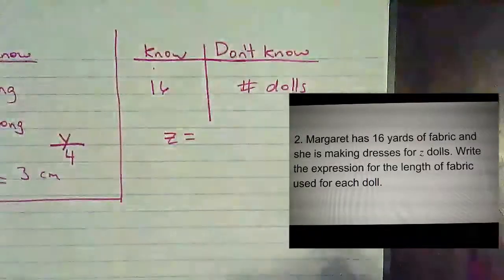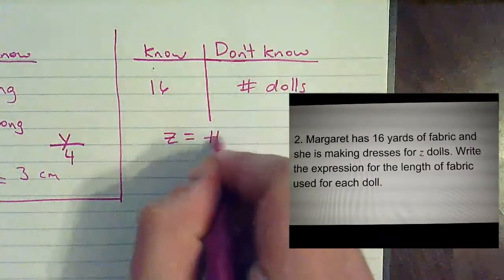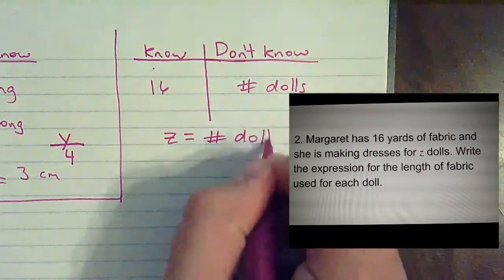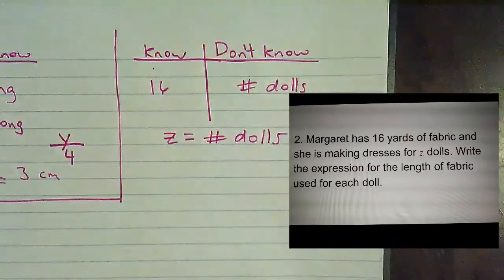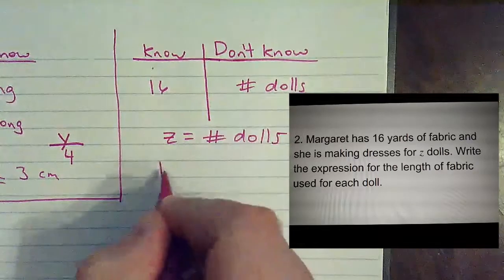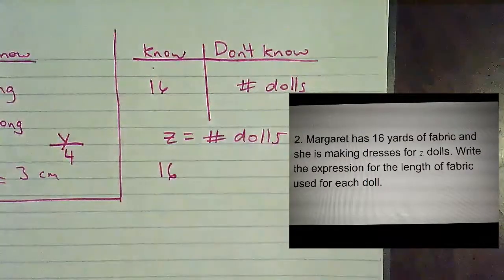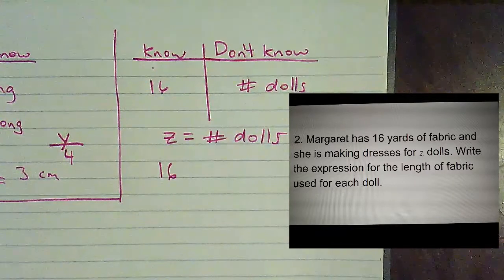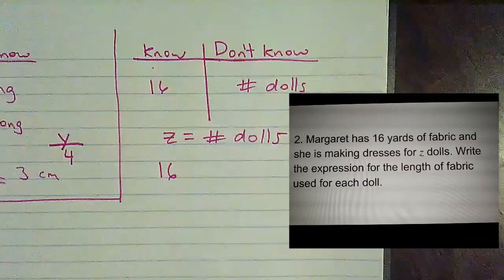So Z equals the number of dolls. Now this one's going to work a lot like the last one we did, except this time we actually know how much fabric we have, and it's 16 yards. And the unknown is how many dolls there's going to be.